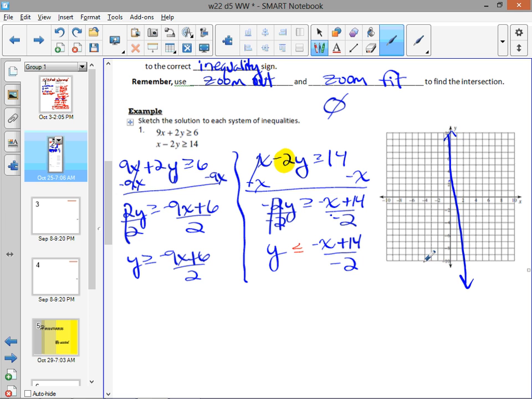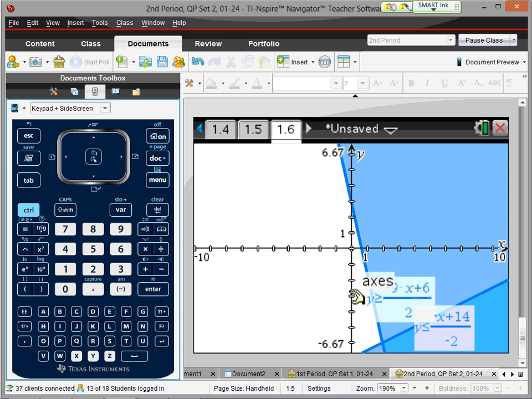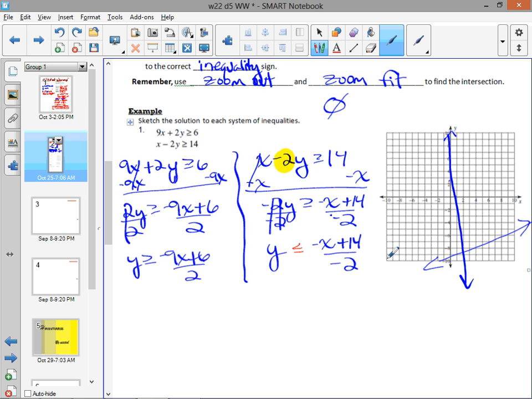Both solid lines. And the other one is kind of like that. But only a tiny part is the darkest color. And the darkest color is their intersection, which is the answer.